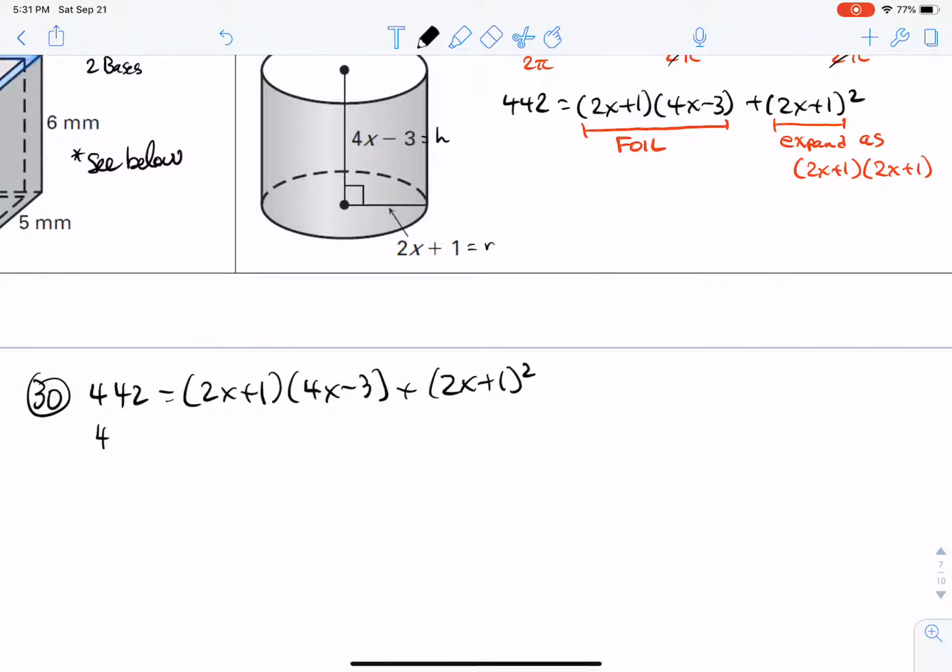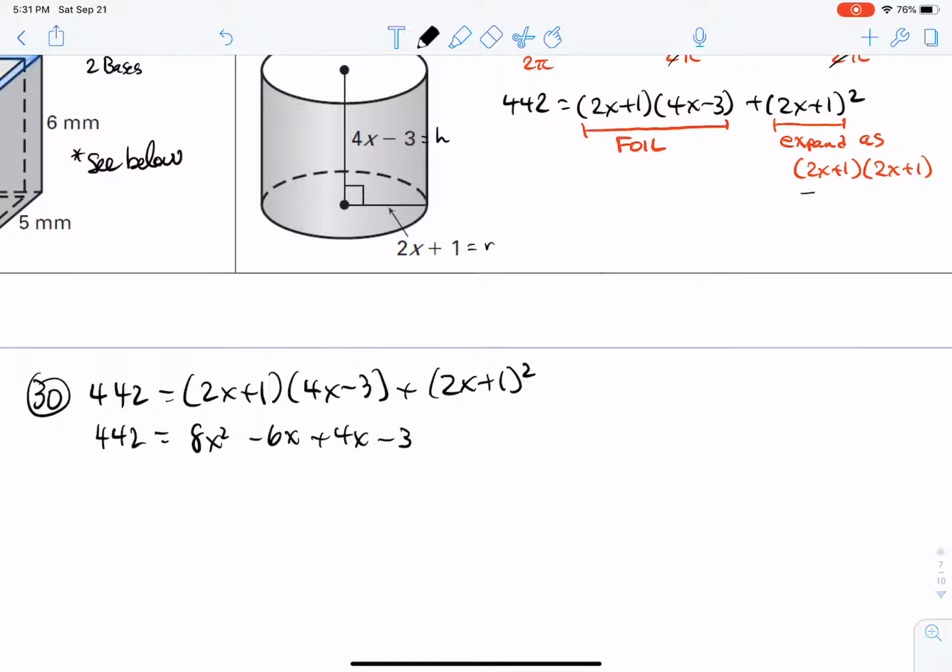All right, bring down the 442, and now let's FOIL out this first set of parentheses. 2x times 4x, the first term, so that's 8x squared. 2x times negative 3 gives us a negative 6x. 1 times 4x, a 4x, and then finally 1 times negative 3 gives us minus 3.